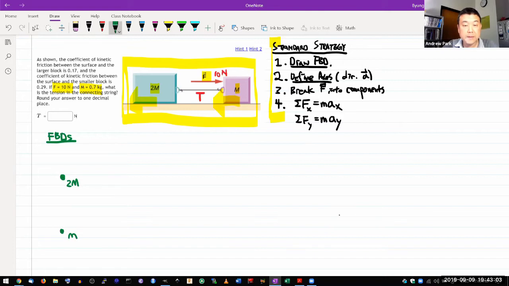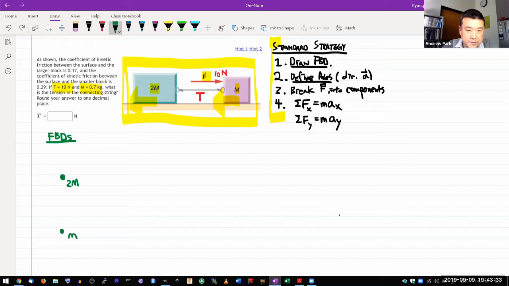And drawing them separately reinforces that you only draw the force that is on that exact object. So for example, this applied force F here, it's acting on the smaller block m. So in the process of drawing the free body diagram, I won't be drawing this force F directly on the mass 2m.